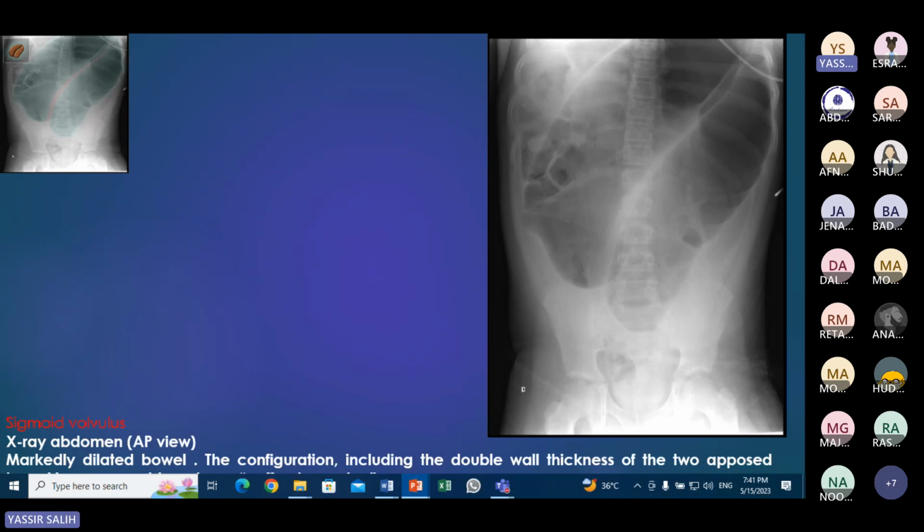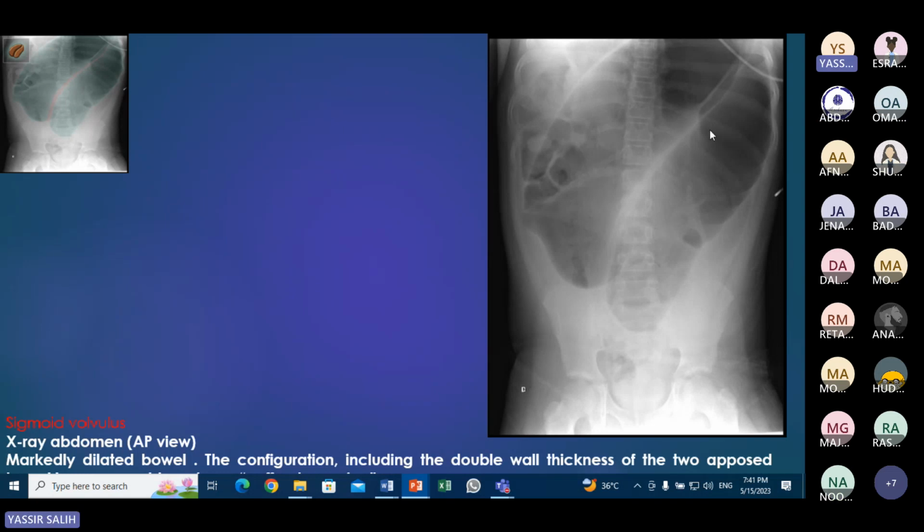If this patient presents with abdominal pain, abdominal distension, and absolute constipation, what sign do you see? Coffee bean sign.